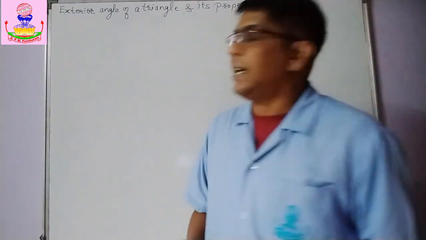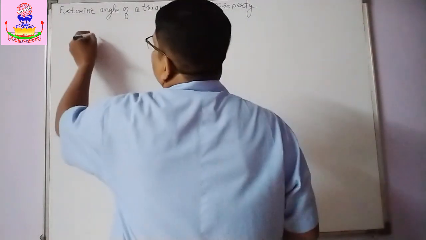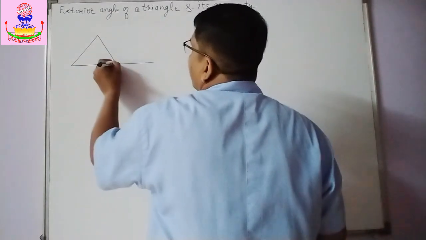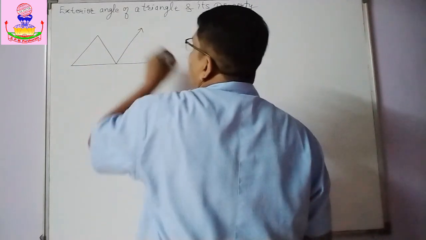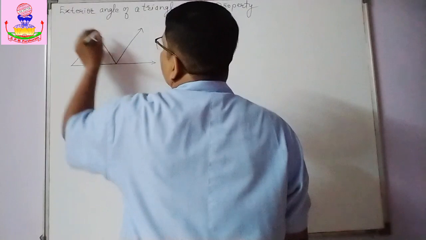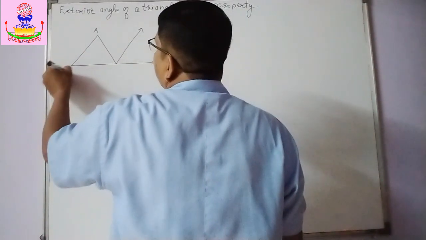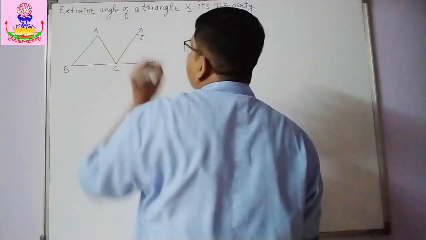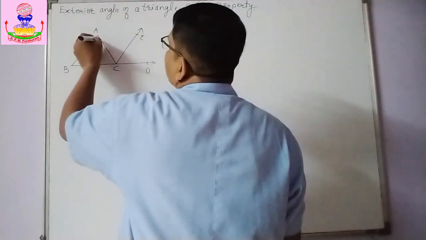Okay, so what I will do, first I can draw the triangle. So this is triangle ABC, and BC is extended to D, and this is AC.